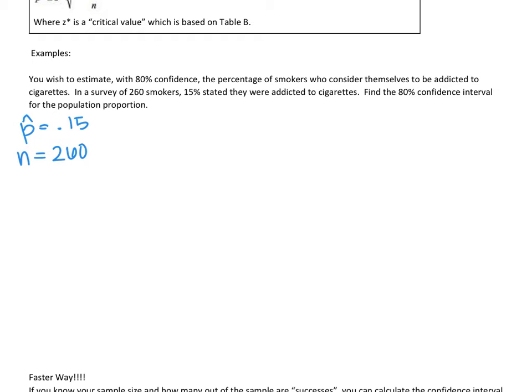So if we use the formula from above, we'll have p hat plus or minus our critical value times our standard error, and that's how we'll get our confidence interval. So p hat is 0.15 plus or minus.